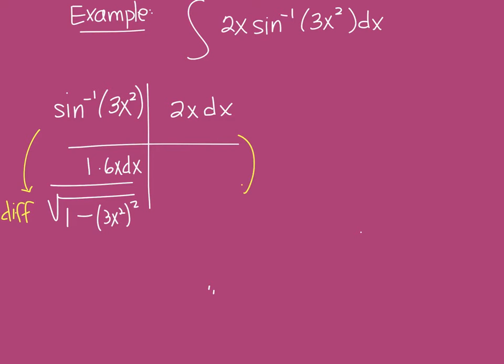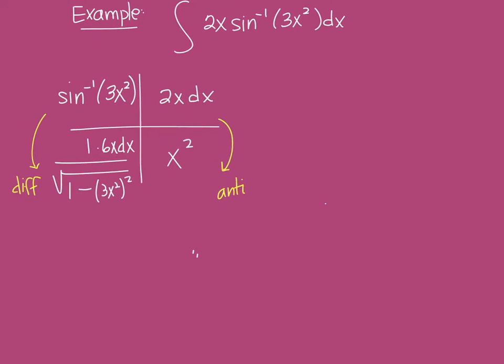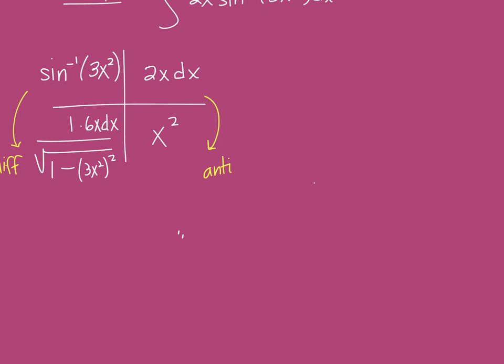On the other side, I need to do the antiderivative, so at least this one's pretty simple, and we get x squared. Now comes the combination of the two, and you might be looking at that and going, oh my stars, that just looks horrible, but trust me, it's going to work out really nicely for us. All right, so first we line those two up.